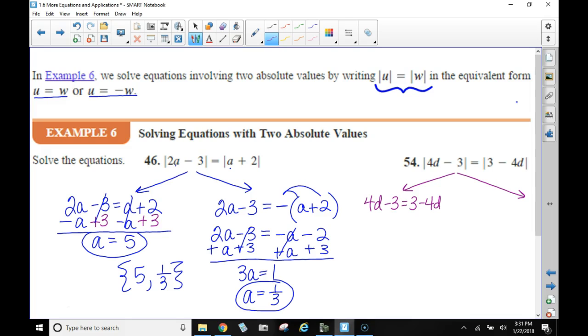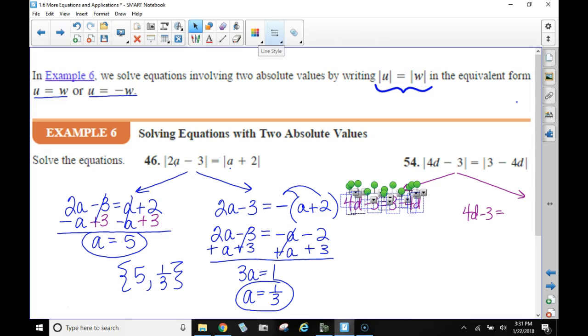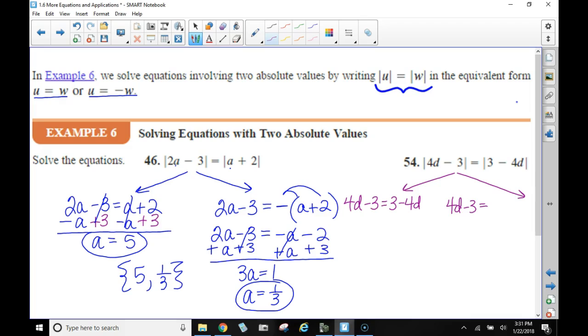The other equation is 4d minus 3 equals, I'm going to run out of room here. Let me move that one way over there. And let me move this a little bit over. 4d minus 3 is going to be equal to the opposite of 3 minus 4d.